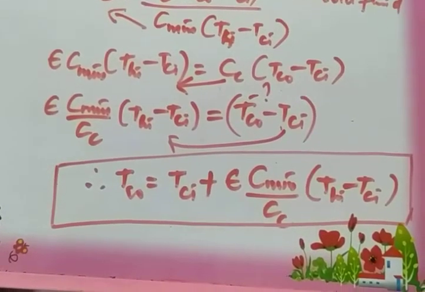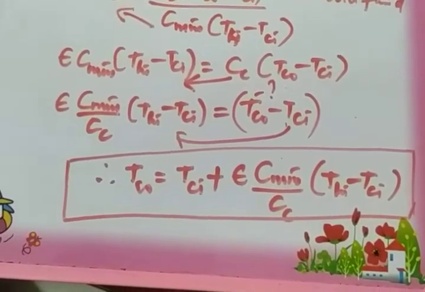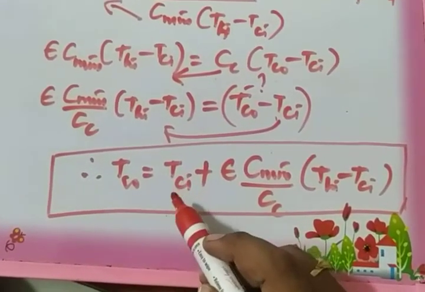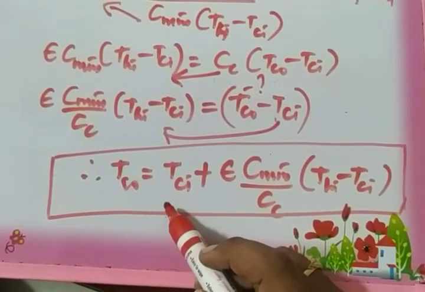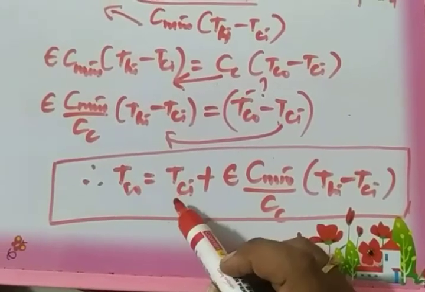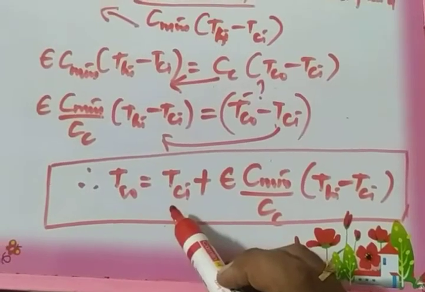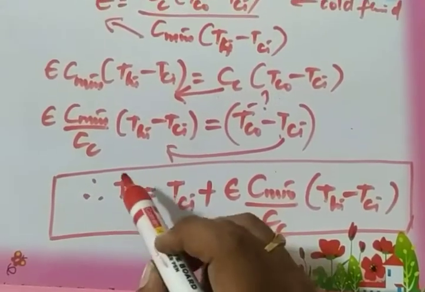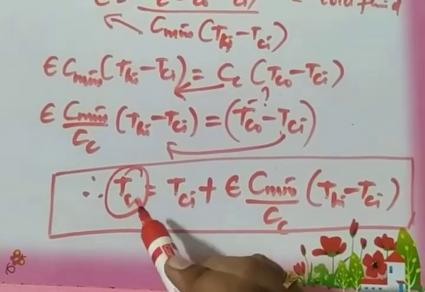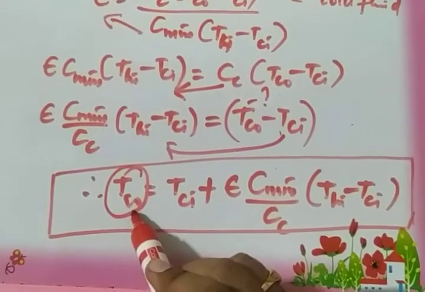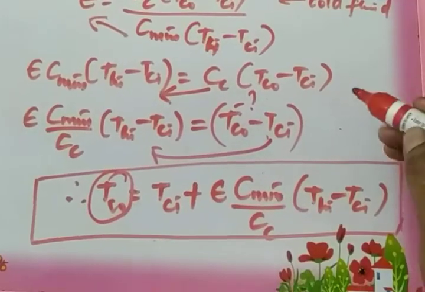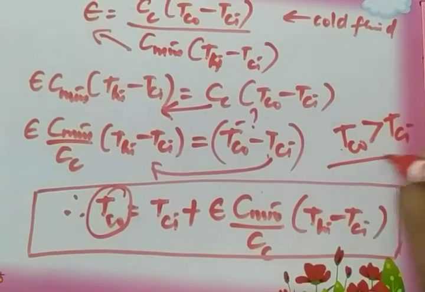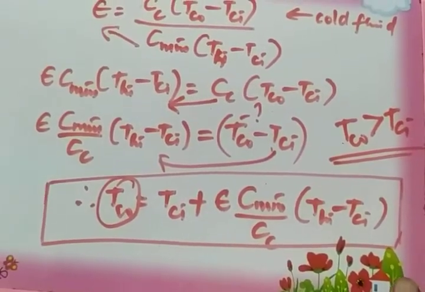Again you can note that in any heat exchanger, whether parallel flow or counter flow, whenever cold fluid flows into the heat exchanger with the temperature of TCI, it will keep on grabbing the heat, correct? So as it comes out, with that heat being gained, its temperature will obviously be increased. Therefore at the outlet the temperature TCO is always greater than TCI, irrespective of the flow arrangement.